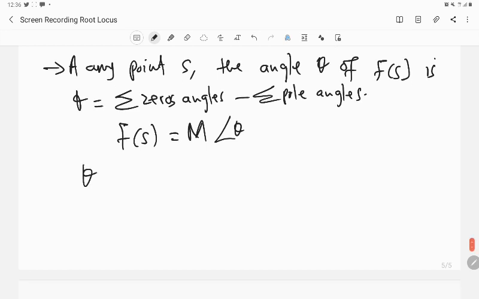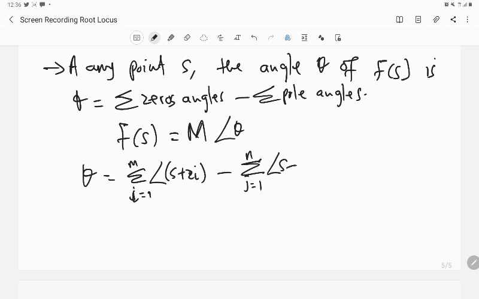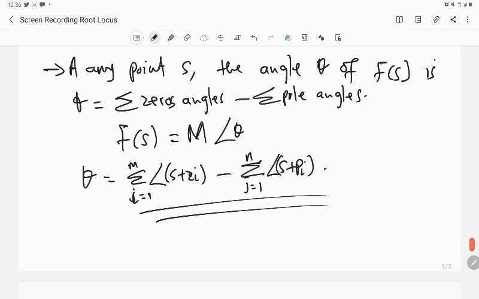It means that theta is equal to the summation from i equals 1 to m of the angles of s plus zi, minus the summation from j equals 1 to n of the angles of s plus pj. So that is going to give you the overall angle for the system.